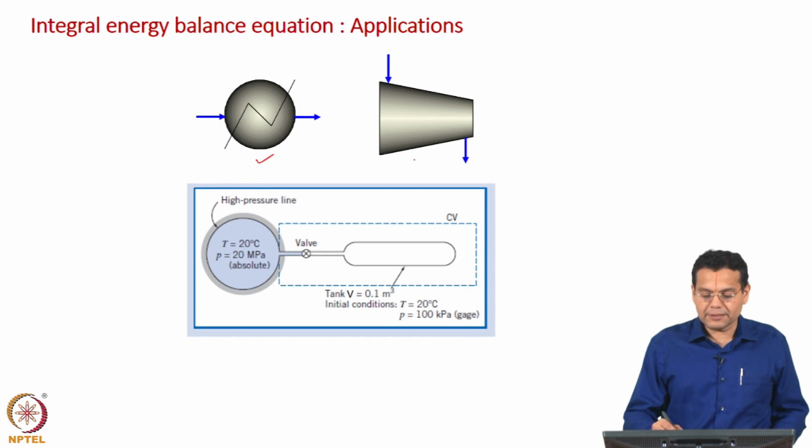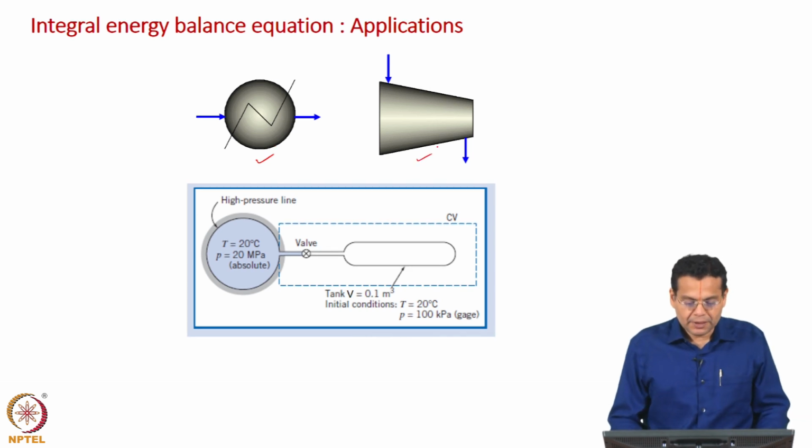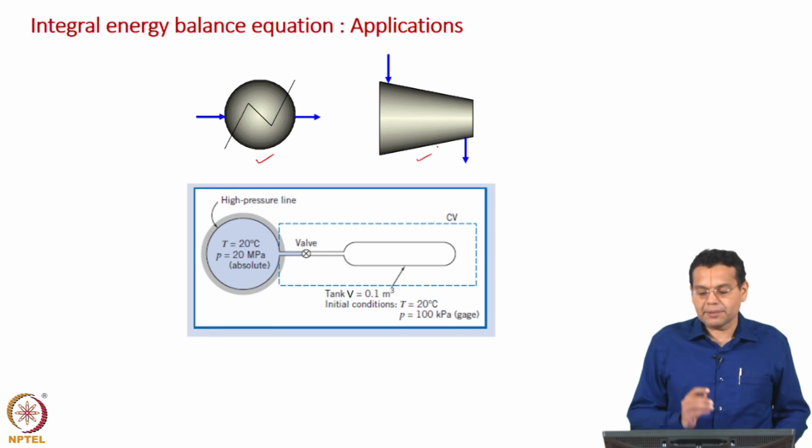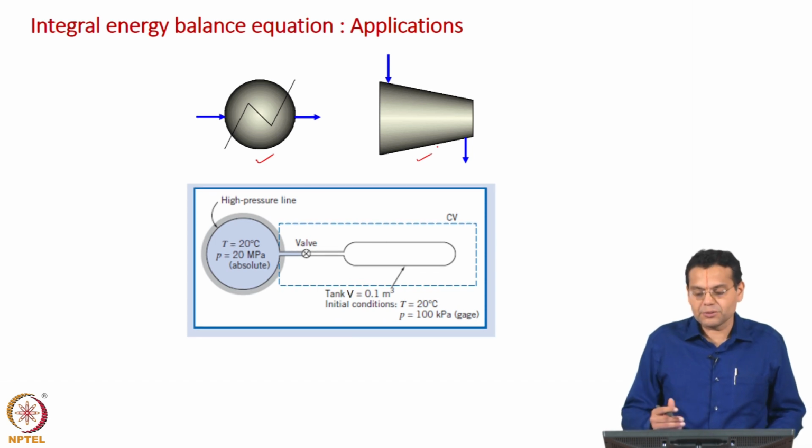Second is a compressor. Suppose you want to compress gas from some inlet condition to outlet condition, some temperature and pressure to some other temperature and pressure, what is the work to be supplied? Okay. So, these two are steady state examples which usually come across in a process calculation course. The idea is to connect what we had done in the earlier course with this course.